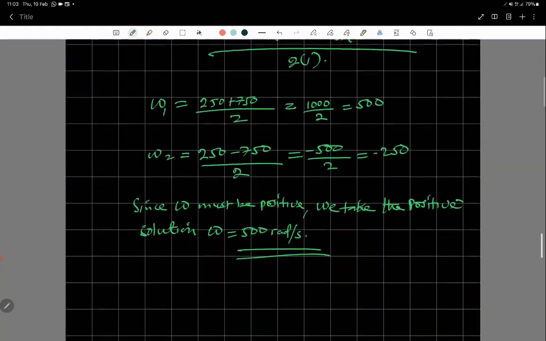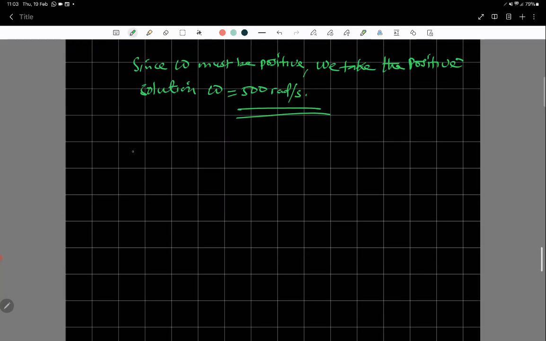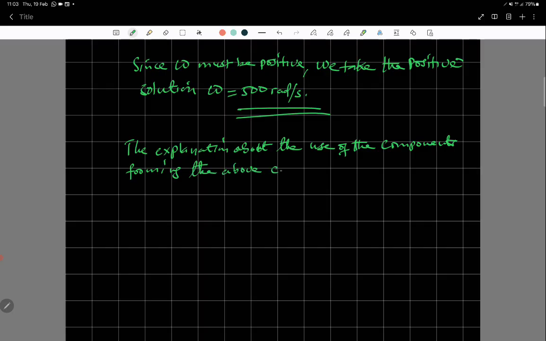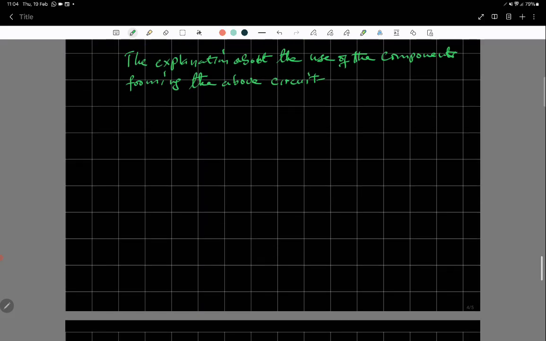We also need to explain the use of the components forming the above circuit. One, an inductor.